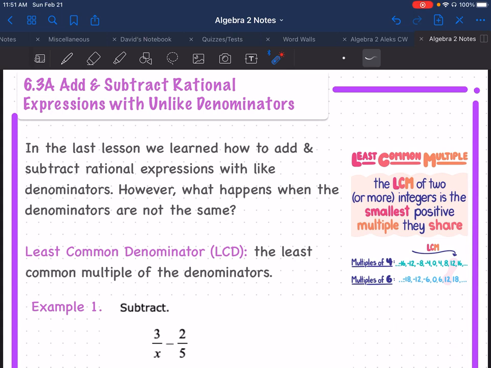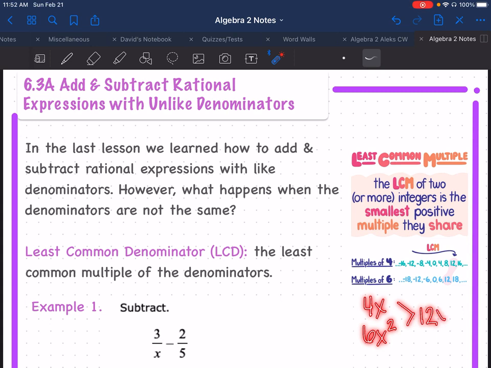If you have variables in your denominator, for your least common denominator, then you're going to take the biggest exponent you see on your variables. So if we had 4x and 6x squared, I would still have my least common multiple of 12: the 2 that they share, times the 2 from the 4, times the 3 from the 6.